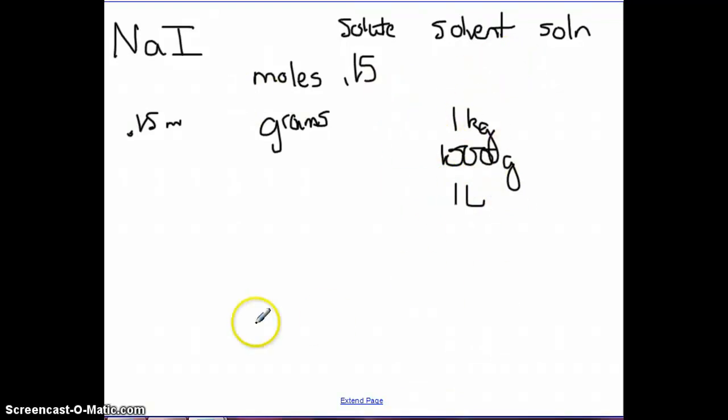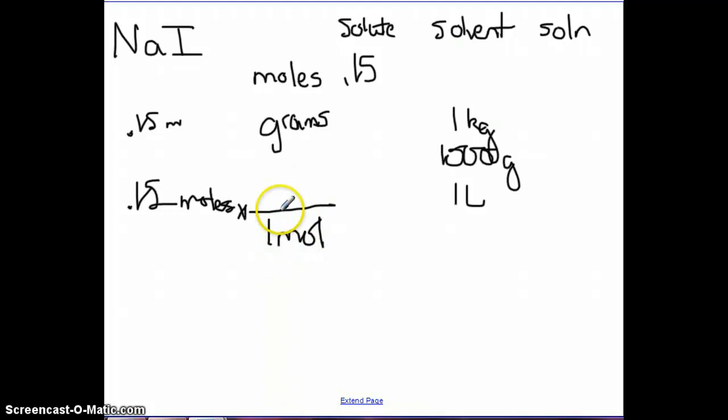All right, so now we need to try to get some additional information. First we can go ahead and get grams of solute. That should be easy enough. So we have 0.15 moles, and we got 1 mole on bottom. On top would be the molar mass of NaI, which is 149.89.